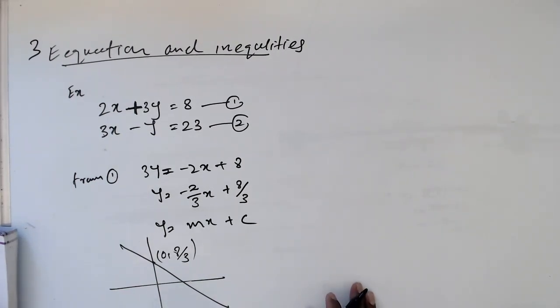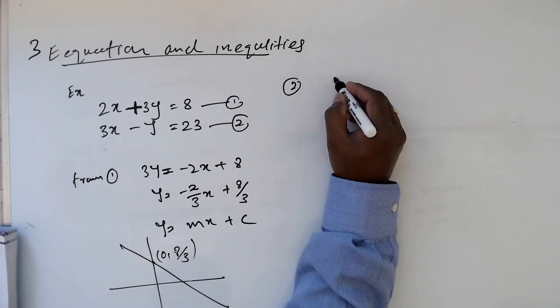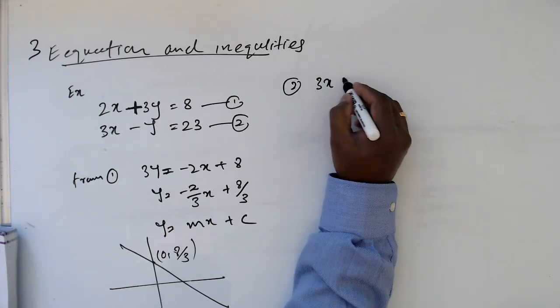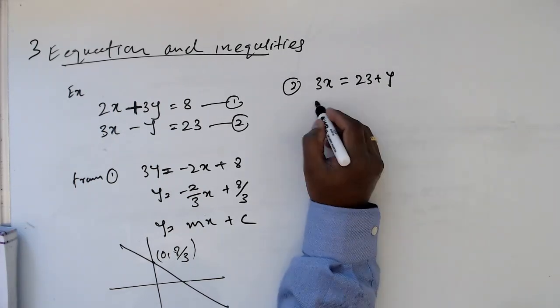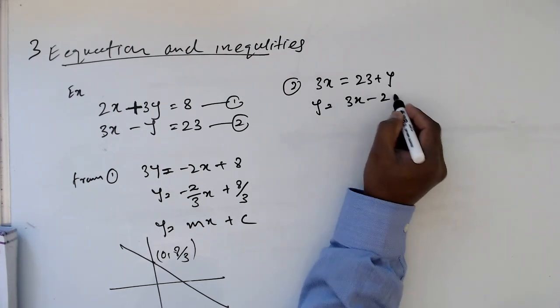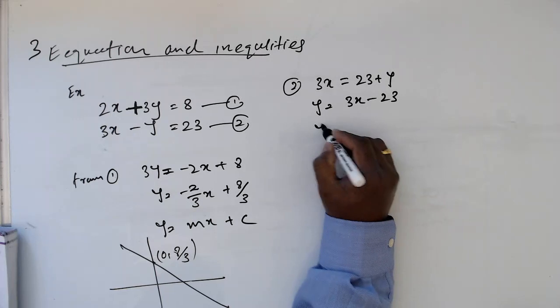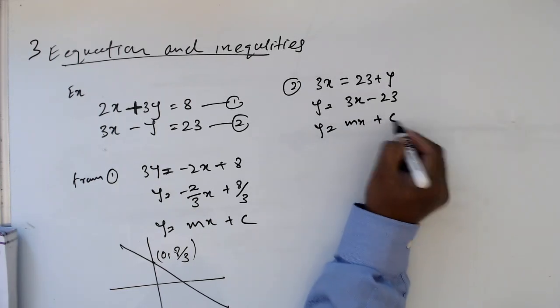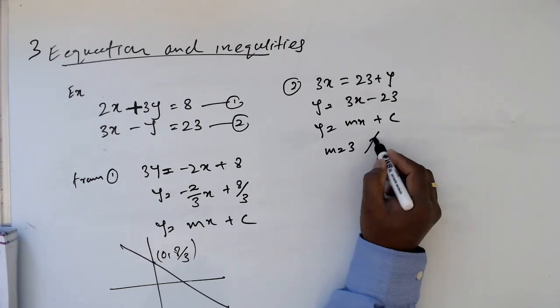So I'm going to look at the second one now. 3x equals 23 plus y, then y equals 3x minus 23. So in y equals mx plus c form, I can see m is 3, a positive gradient.